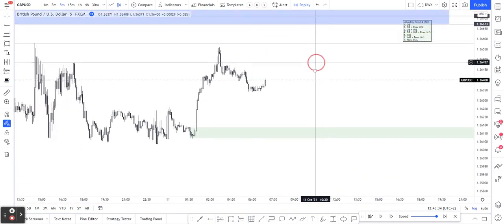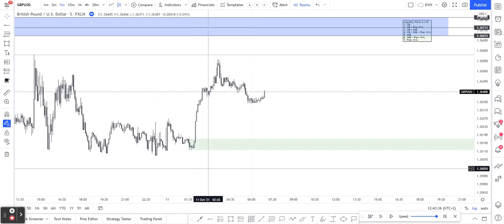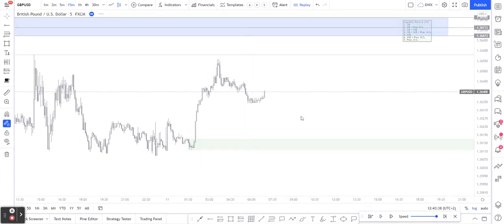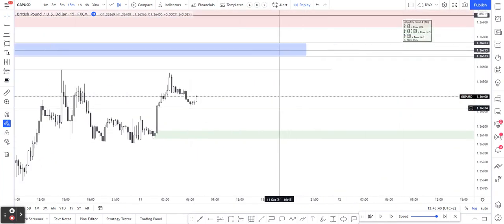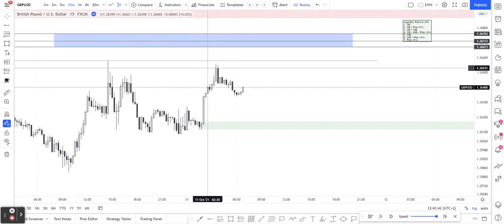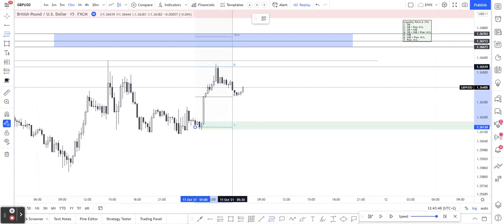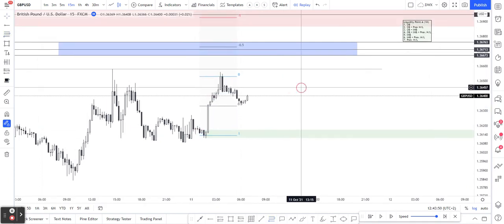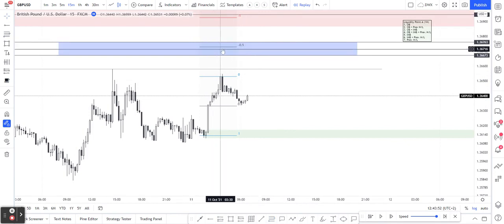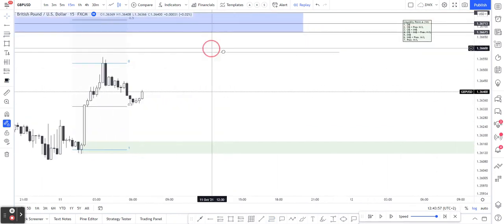So we can also look at the 15-minute time frame, and we can take our projection. If price is expanding massively towards the upside, then the projection is usually 0.5 increments. So if we take the projection block from the low towards the high, we can note that the 0.5 is exactly in this quadrant towards the upside on the high half.